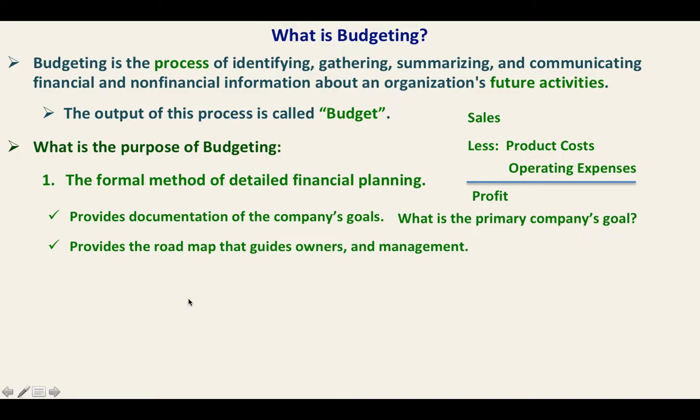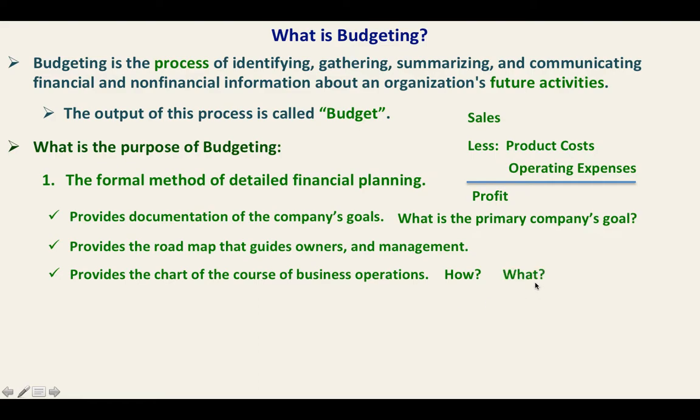Financial planning also provides the roadmap that guides owners and management. It also provides the chart of the course of business operations. When we speak of the course of business operations, we are referring to how we are going to achieve the profit of the business.